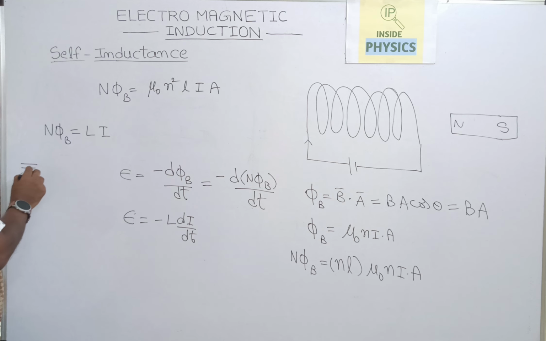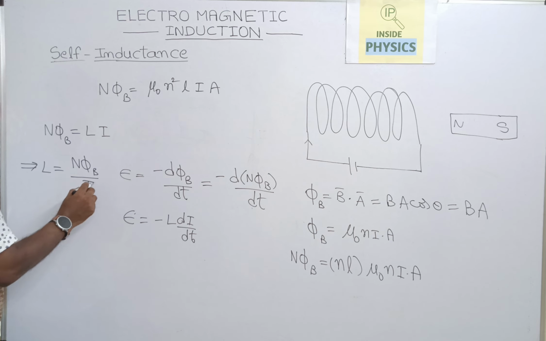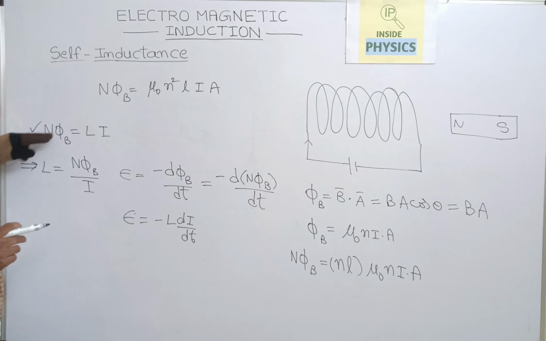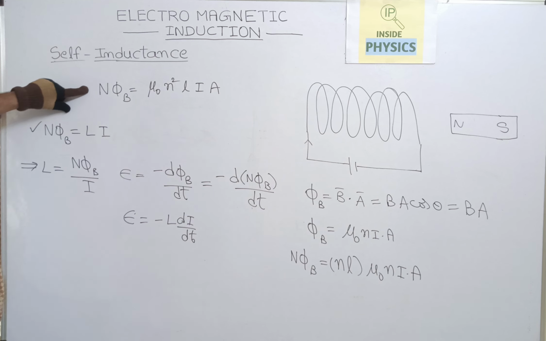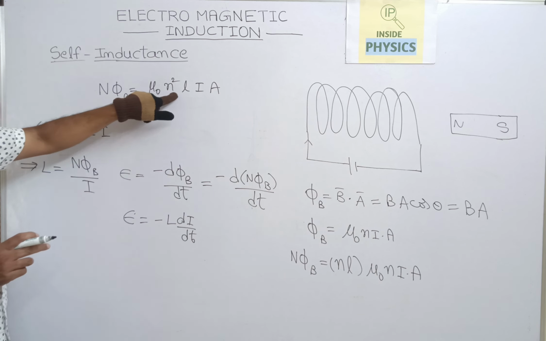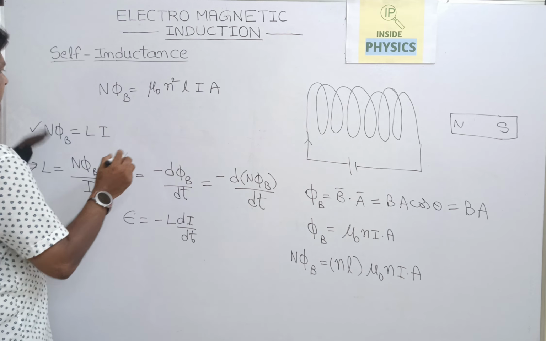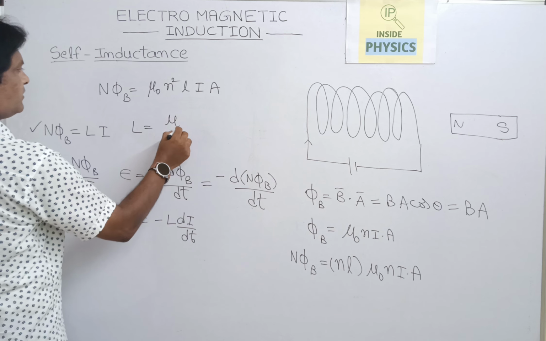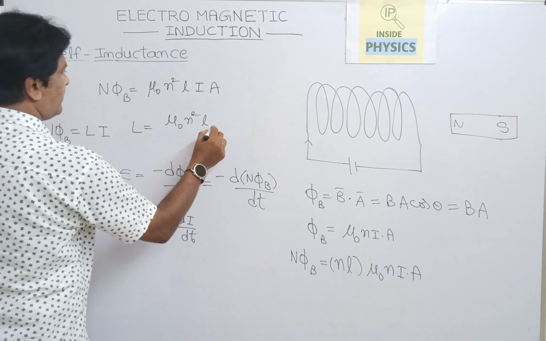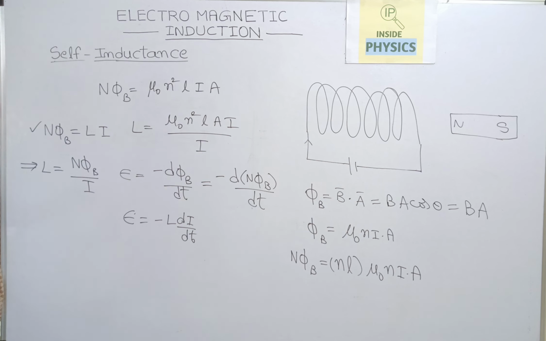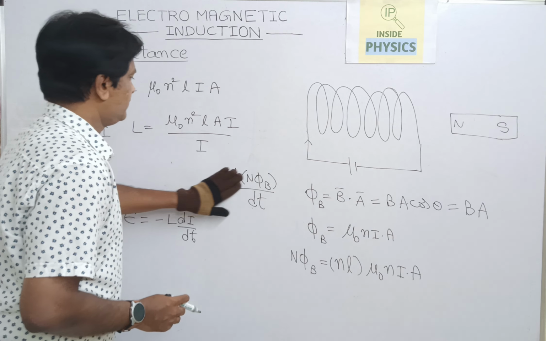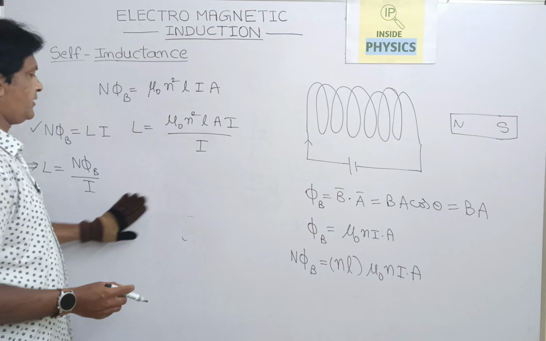From this we can take the inductance as N phi B by I. So L is equal to N phi B by I. Here N phi B is equal to mu naught N square L I A. So I will write L is equal to mu naught N square L A I by I. So I will be cancelled in the numerator and denominator.